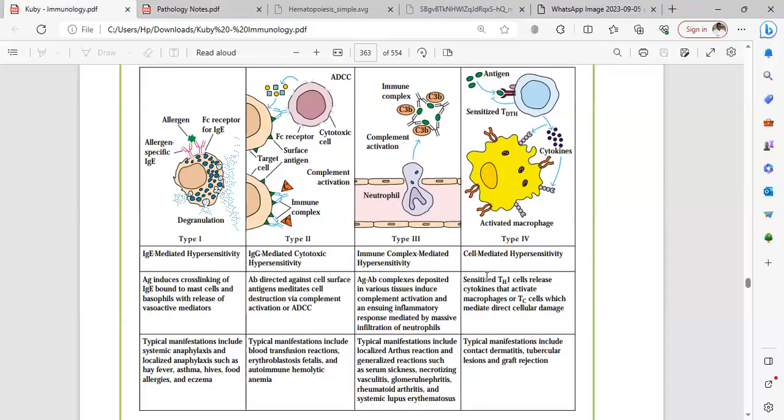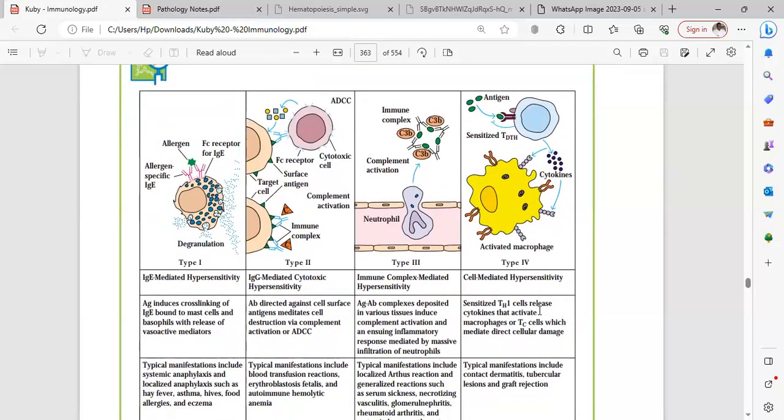So we have the sensitized T helper cells, they release cytokines which activate macrophages or the cytotoxic T cells that mediate direct cellular damage.